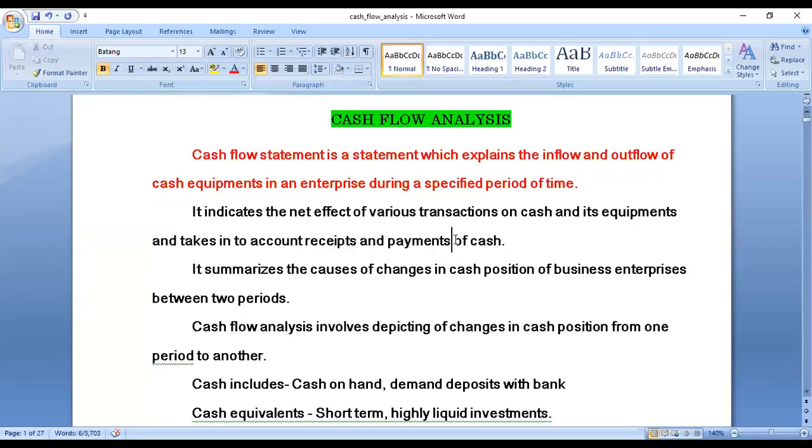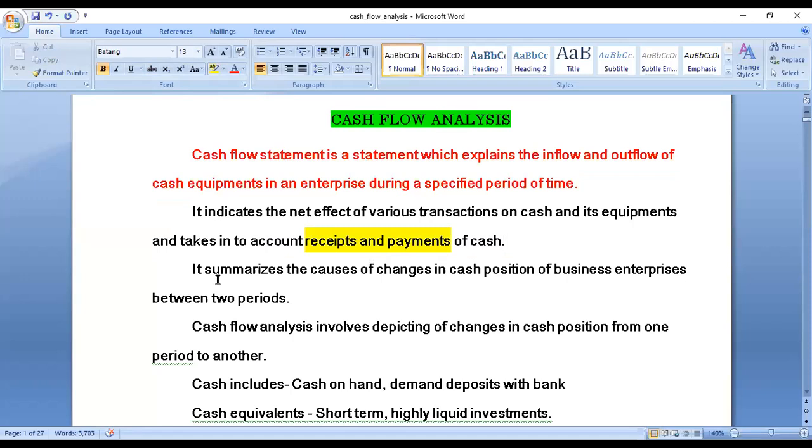It is a statement prepared to record cash receipts and cash payments of an enterprise for a given period, my dear students. Then it summarizes the causes of changes in cash position of business enterprises between two periods.